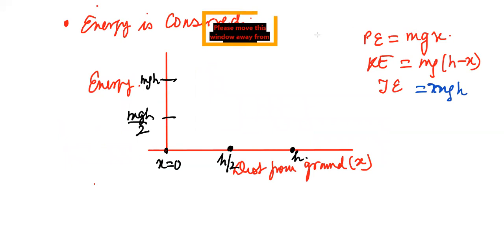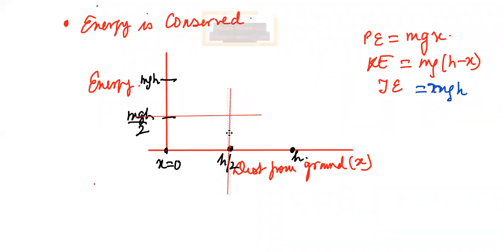Now I am drawing the potential energy graph first. At x equals to 0, potential energy was 0, so this will be my first point. At x equals to h by 2, potential energy is mgh by 2. This will be my second point.